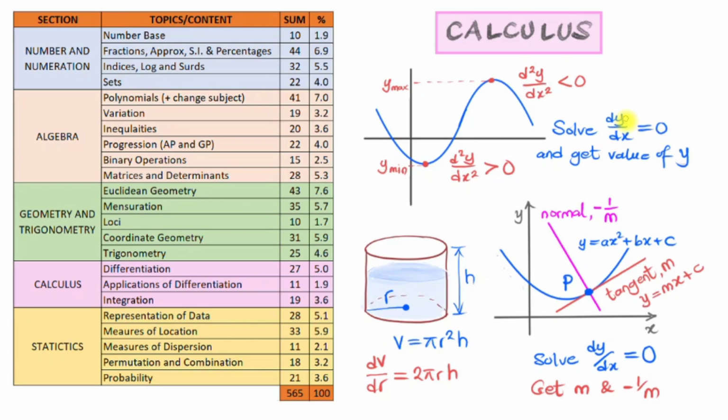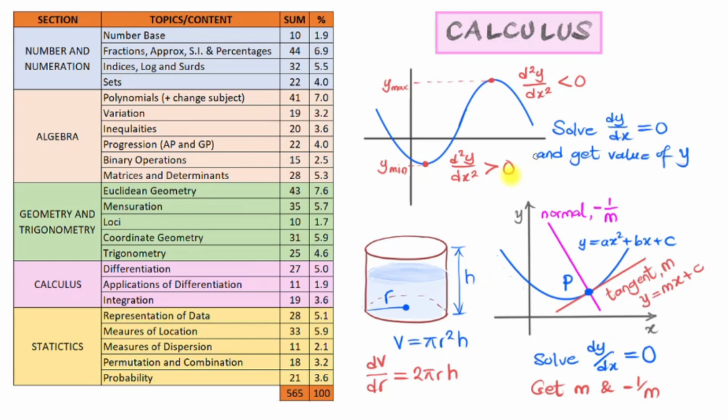So if you differentiate that quadratic function, you will get a linear function. That linear function will be of the order y is equal to mx plus c and co. And then you can equate that to 0, solve for x, and then to find the maximum or minimum value, which is y, you put that value of x back into the original equation to get the value of y. Okay, so that's one application of differentiation that they feature quite often.